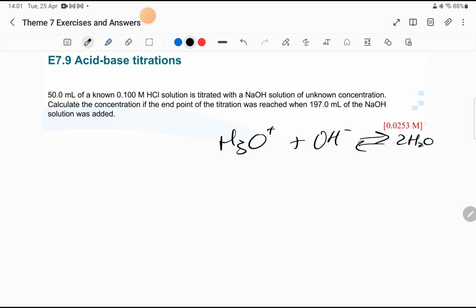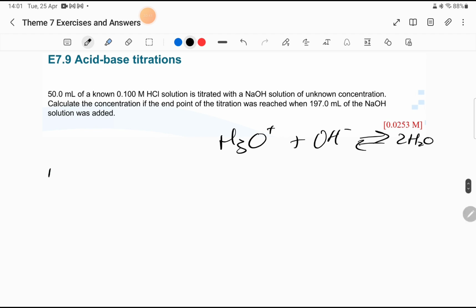We know how much HCl we start with, which means we can convert this to a mole amount. We say the end point was reached when we added 197 milliliters of sodium hydroxide. So we can assume this will be the same mole amount as the HCl.